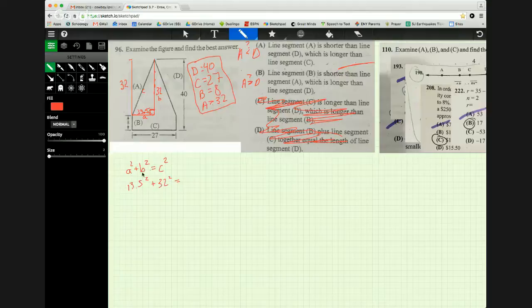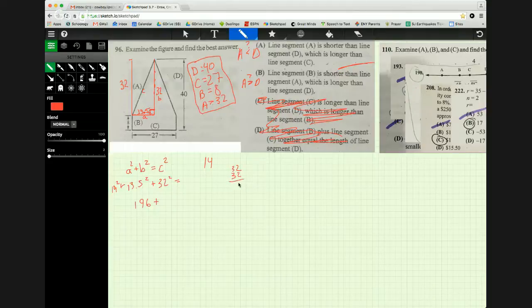Let me just do this a quick and dirty way by estimation, and let's see if we can solve this one quicker. So let's just let that be 14. We're going to pretend that a is 14 instead of 13.5, so 14 squared is 196. 32 squared is, well, I don't know that one off the top of my head.